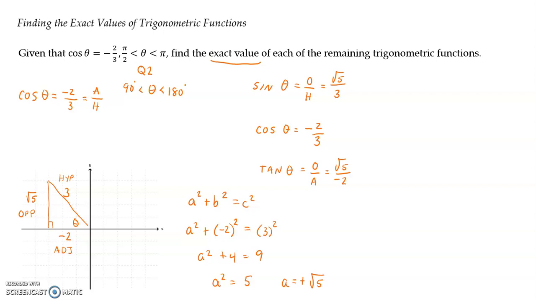And then we can go ahead and find each of the other 3 trig functions. We have cosecant of theta. I'm going to go ahead and use my reciprocal of my sine function. So 3 over radical 5. And if you want to go ahead and rationalize your denominator, the other way to write this answer would be 3 radical 5 over 5.